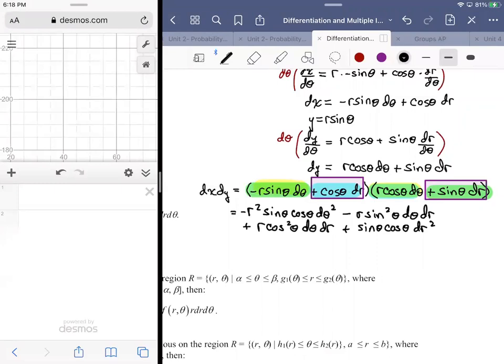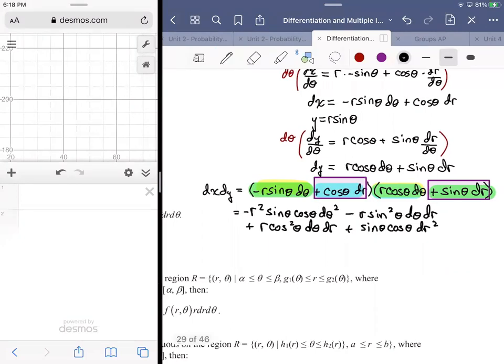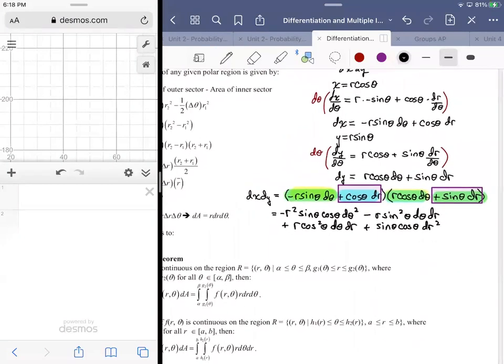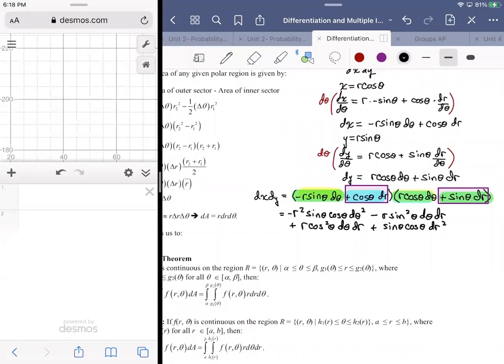But also, we want to get to a point where we can wholesale cancel things, because somehow this is supposed to clean down to r dr d theta. So that means all the sines and cosines are going to go away. And it all comes down to this. It's kind of a basic idea. So let me draw the diagram somewhere over here.